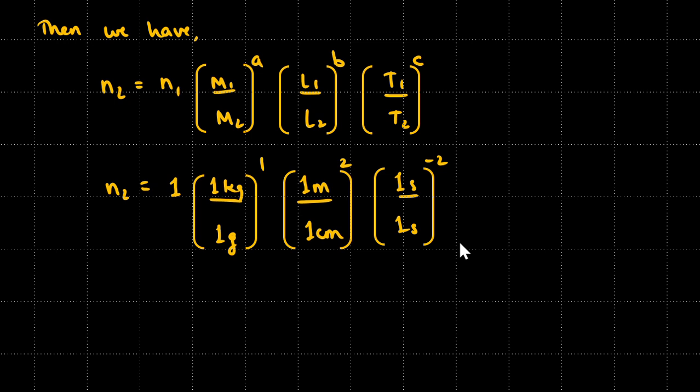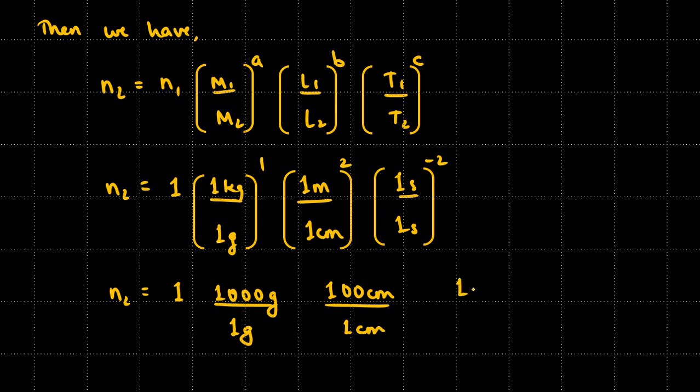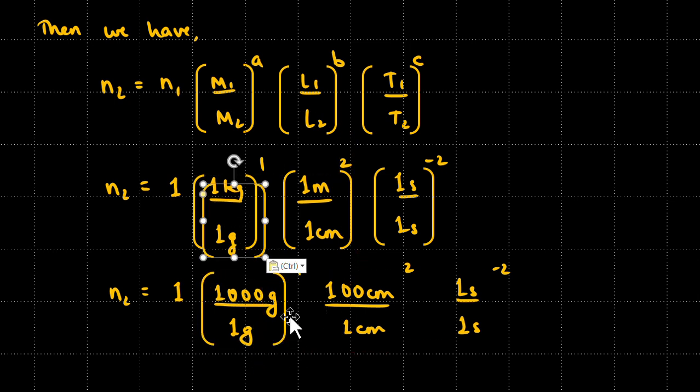Okay, so now let's convert them to make it easier. 1 kilogram is 1,000 grams, so 1,000 grams divided by 1 gram, and 1 meter is 100 centimeters divided by 1 centimeter. 1 second is 1 second. So if you see, the units actually cancel out right now.